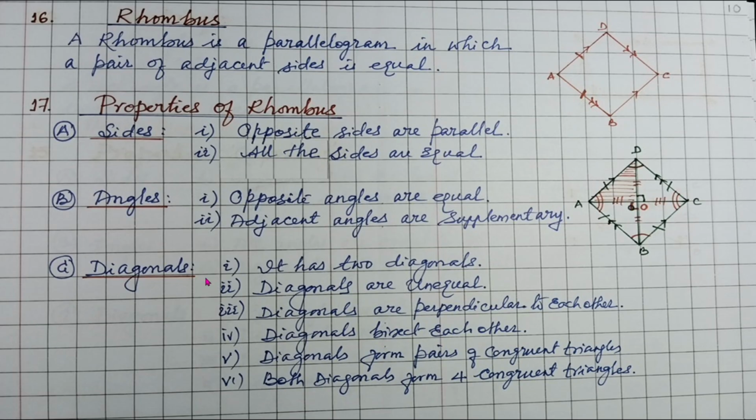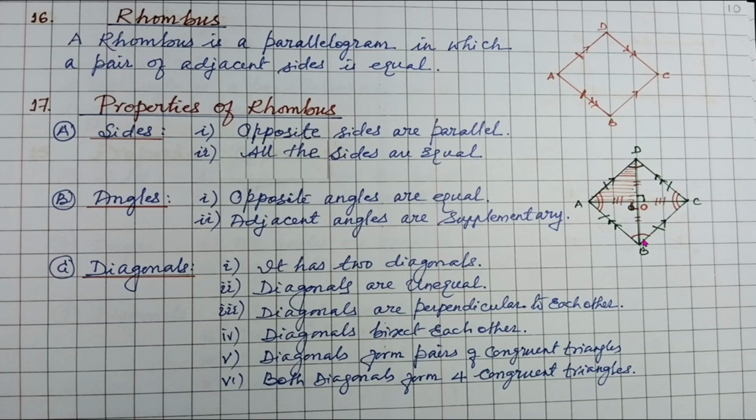Now coming to the diagonals, it has two diagonals, which is very important. The diagonals are unequal. Please remember, the diagonals are unequal. Diagonals are perpendicular to each other, that means diagonals AC and BD are perpendicular to each other, and the diagonals bisect each other. That means O is the midpoint of both the diagonals.